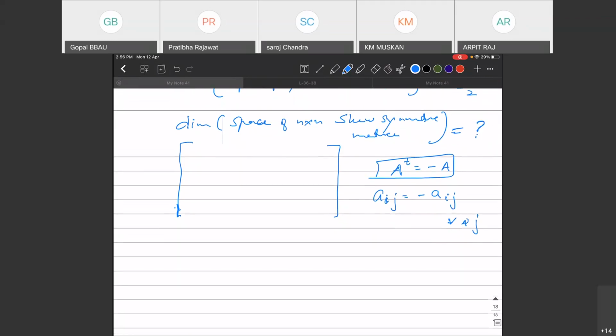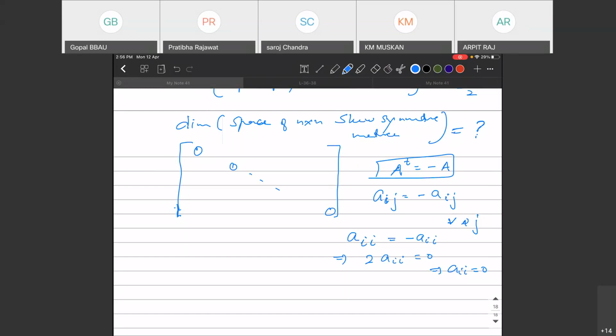So for diagonal entries, Aii equals minus Aii. It means 2Aii equals 0, but 2 is not 0. This implies Aii is 0. So these entries are 0, and you have no choice for this.